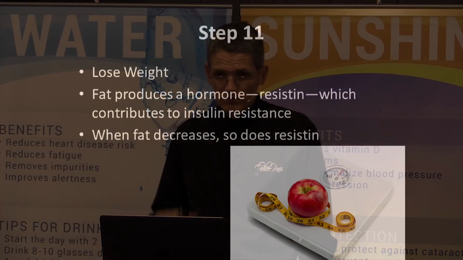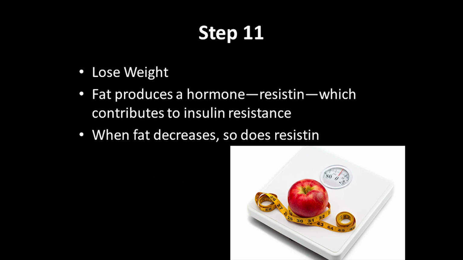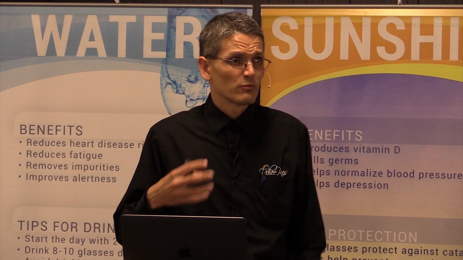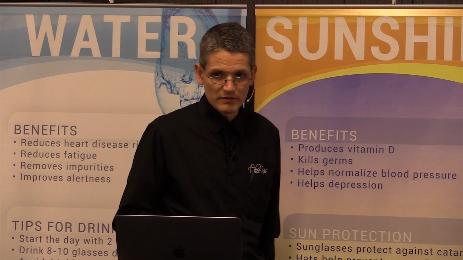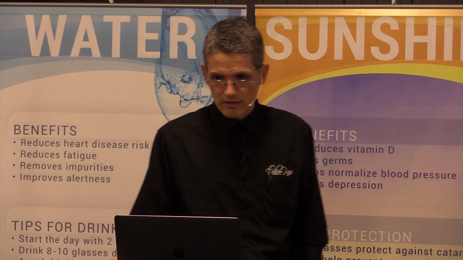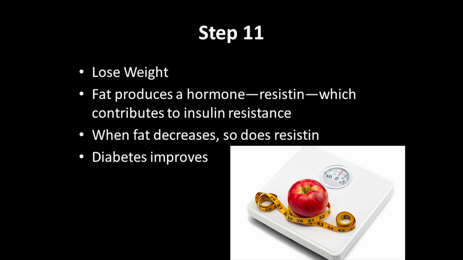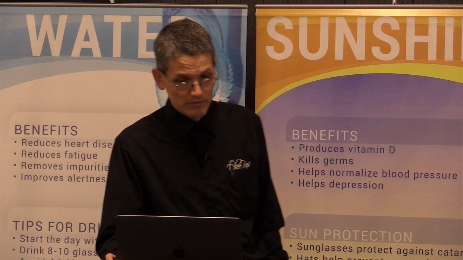And so if you lose weight, you lose fat, and there's less resistin produced, and so you have less insulin resistance. As you lose the fat, the diabetes improves. And the research studies show that you need to lose about 7% of your body weight before you start getting a significant improvement in insulin resistance.